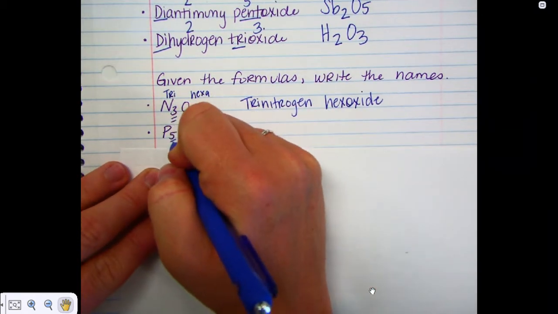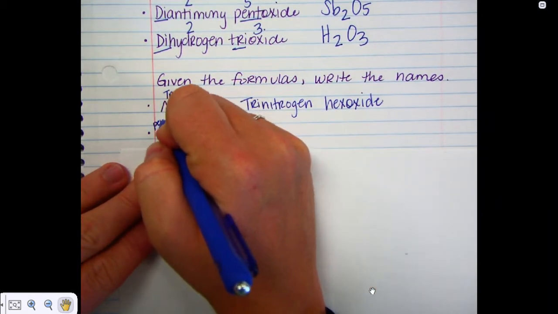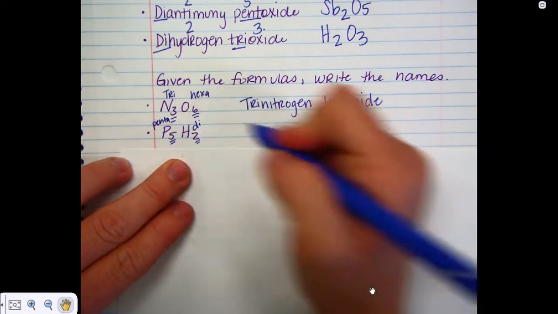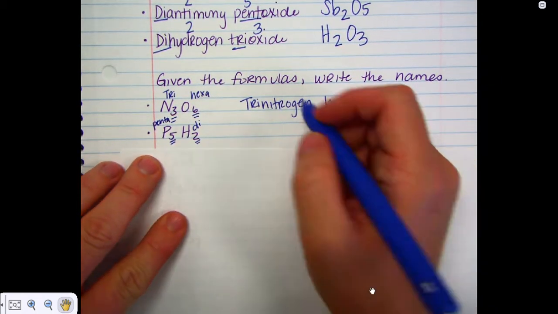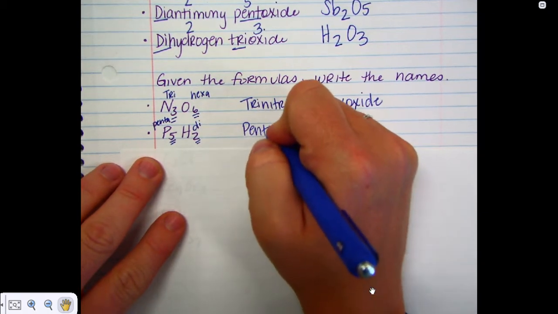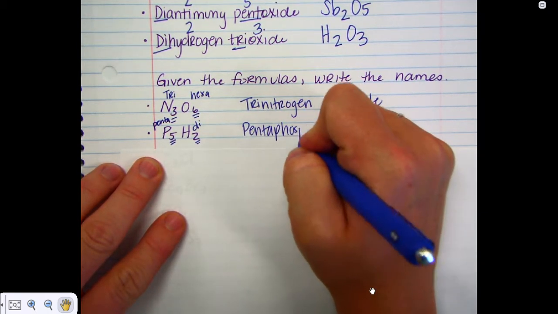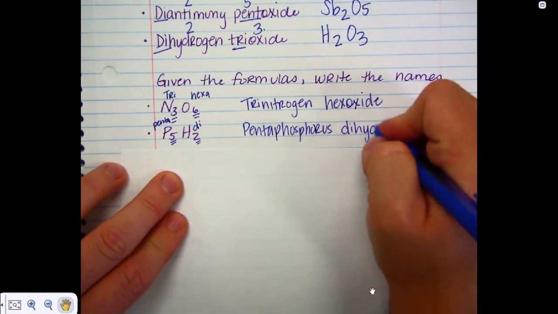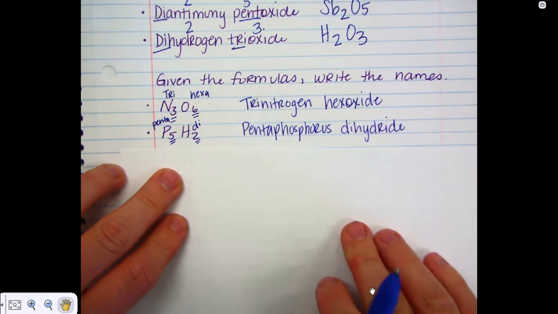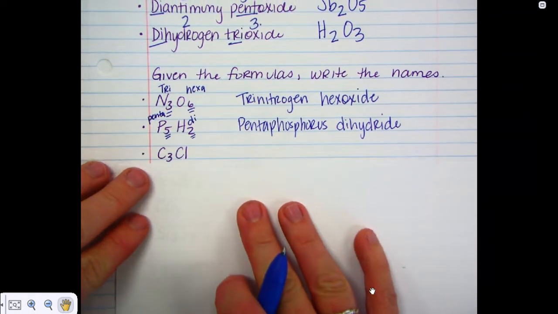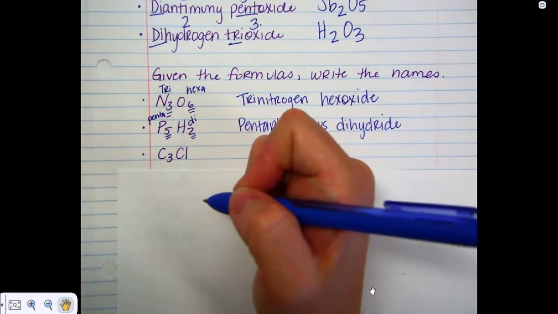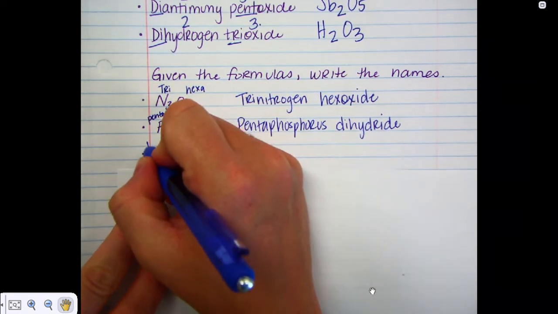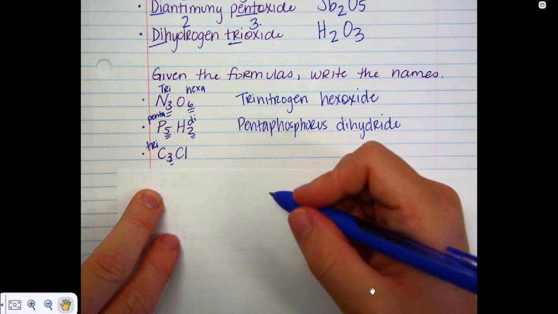All right, for the next one, we have P5H2. So P5, 5 is penta. So we've got 5 phosphorus, and 2 is di for hydrogen. So now we put it together. Pentaphosphorus dihydride. That hydrogen ending changes to IDE. Okay. Next one. So we've got C3Cl, so we know 3 is tri, so 3 carbons, and then how many chlorines do we have?